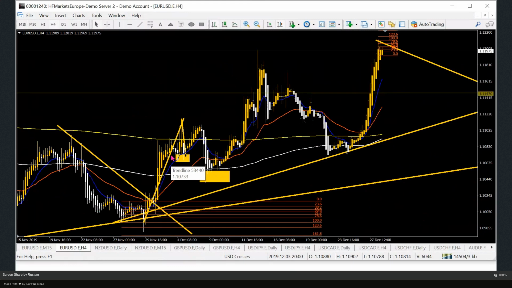For the homework, what you need to do is find all 6 entry types for me on any charts, preferably the 15-minute time frame, and in a zone. So identify the zone either on the daily or on the 4-hourly.